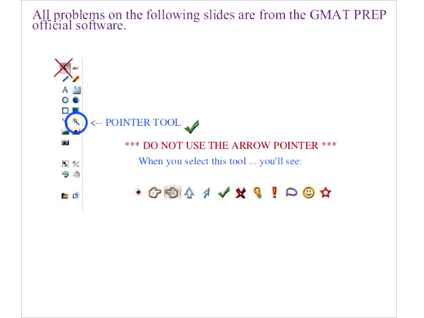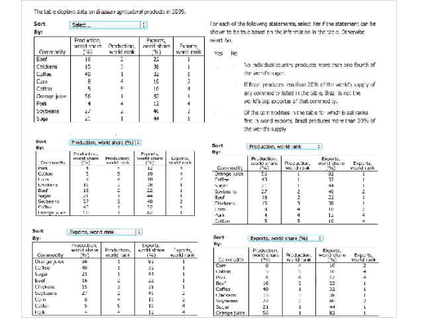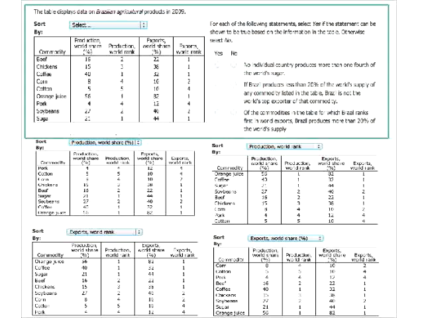Here is the first problem. Now, this looks like a bunch of craziness, but let me tell you what goes on here. What you're going to see when you get this question on the screen is that much of it. You're not going to see all of this, but what's going on here is a pull-down menu where you can arrange the data in the chart in different sorts of ways.